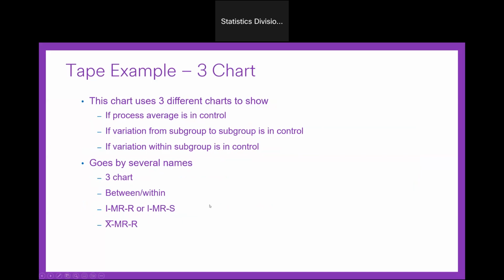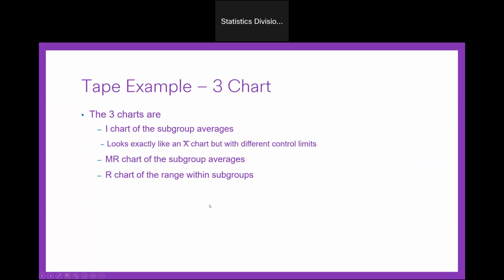So lots of different things you can call it. But the 3 charts are what I would call an I chart of the subgroup averages. So you're still plotting the subgroup averages, but you're using the calculations for the limits like those averages are individual data points. And then there's an MR chart of the subgroup averages, and then there's an R chart of the range within the subgroups.